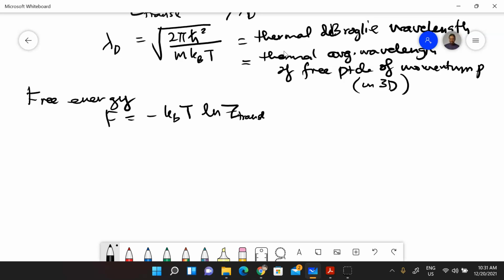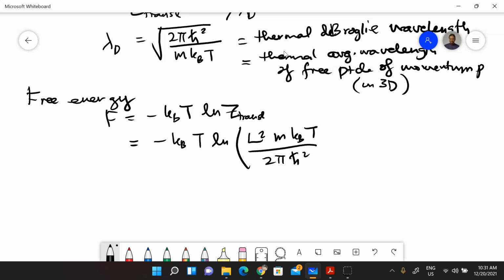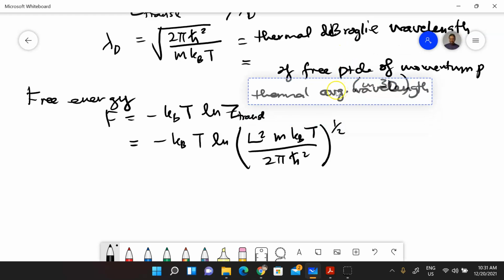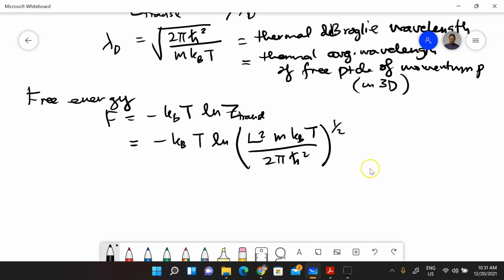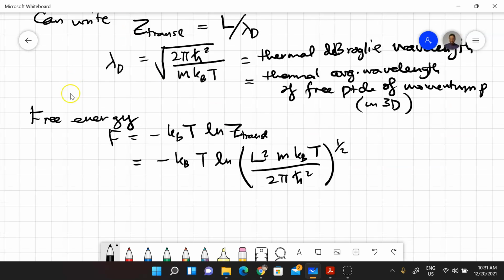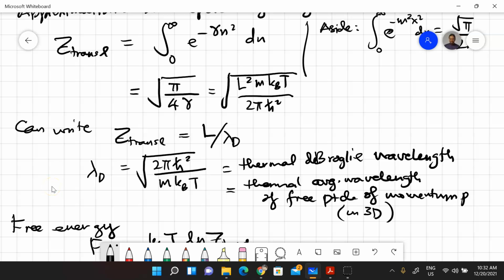So you just plug in this expression: log of L squared m kBT divided by 2 pi h bar squared, to the power of half. Let's just go back and check, yes, there is a square root there.